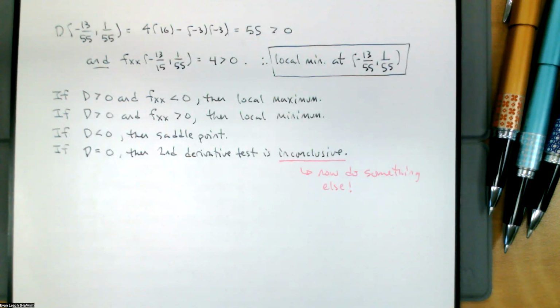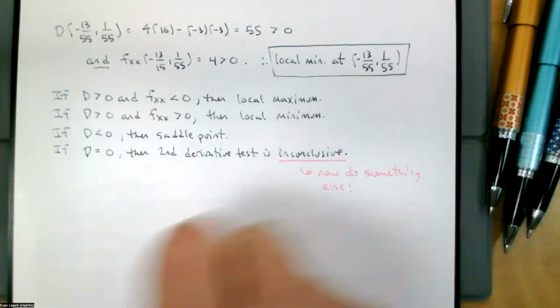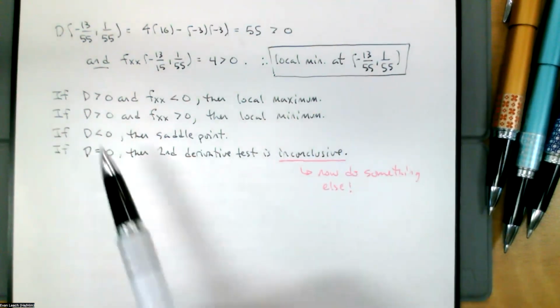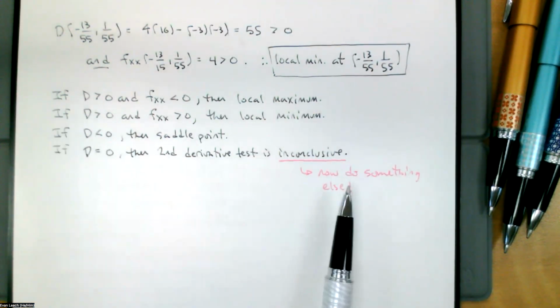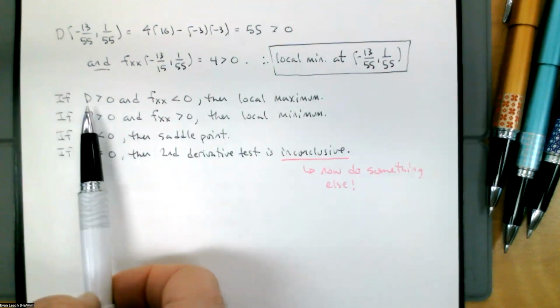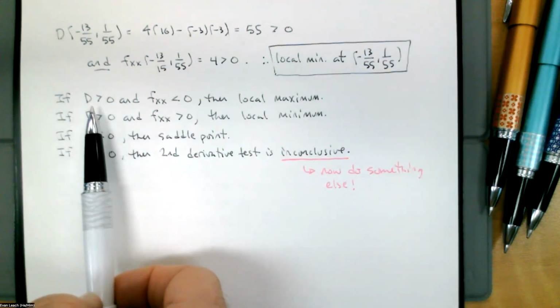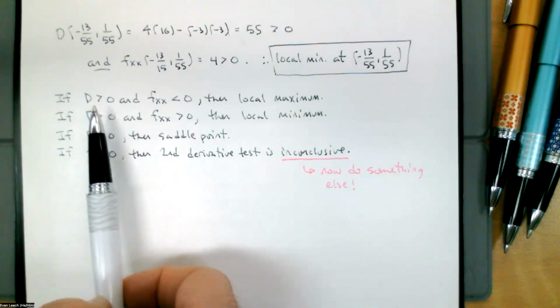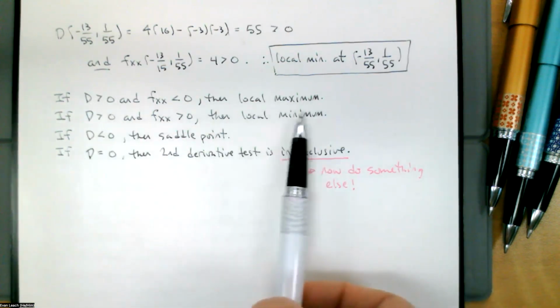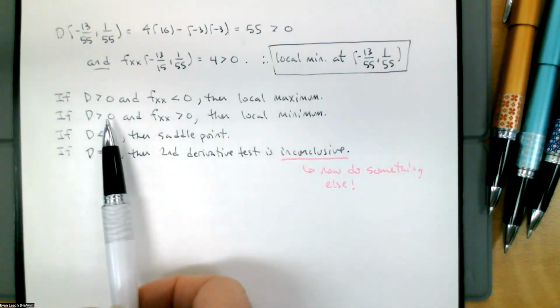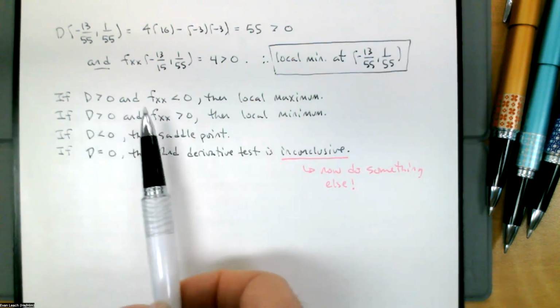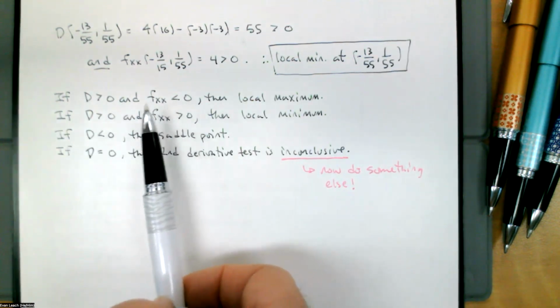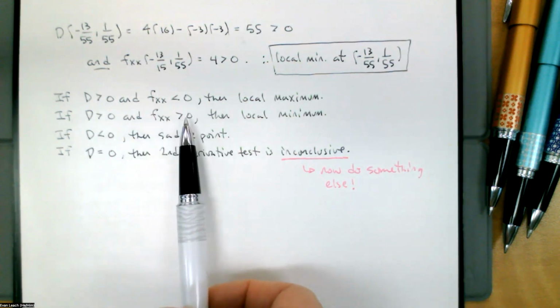Here's what I want you to think about. First of all, I want you to notice all the things that are going on. First, we check the determinant of the Hessian matrix. We're saying local maximum or local minimum if that value is positive. Then the only other thing that we check is fxx, whether fxx is negative or positive.